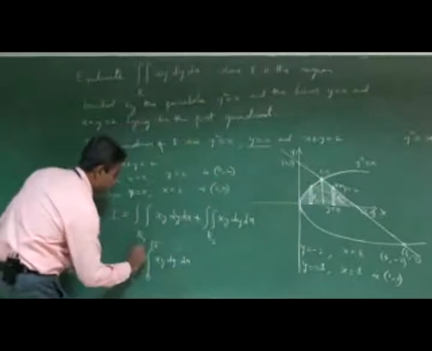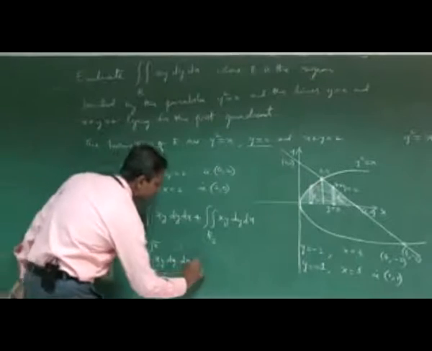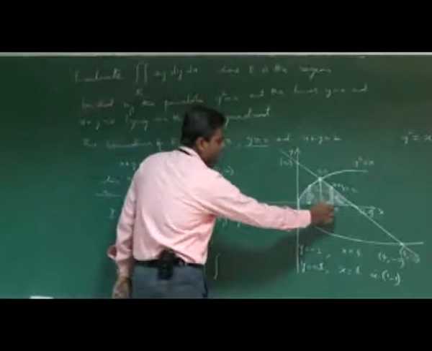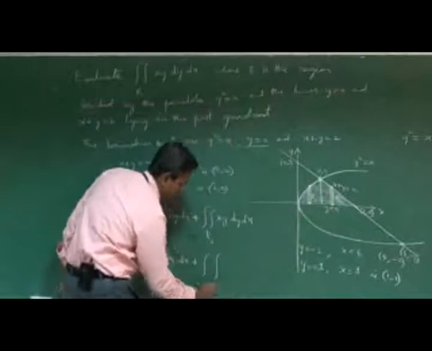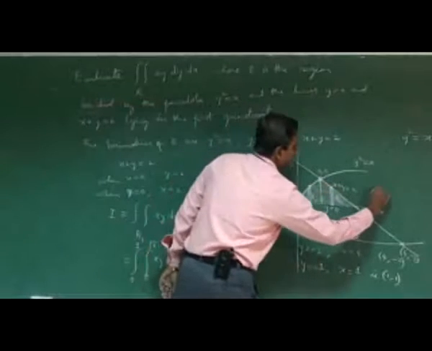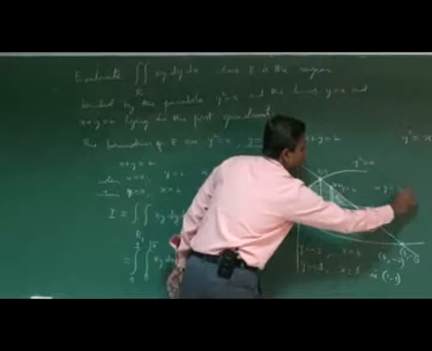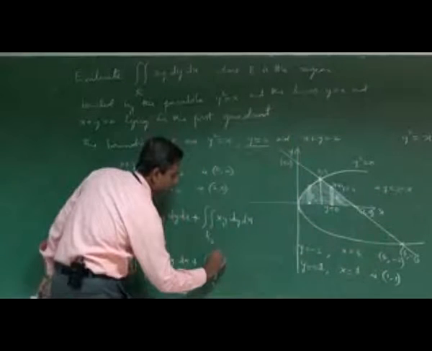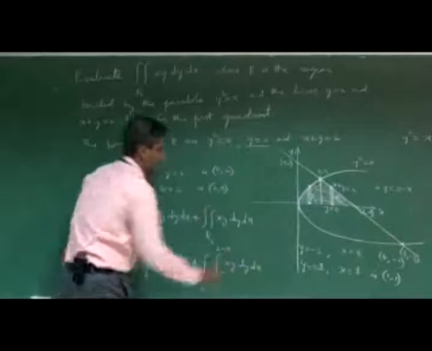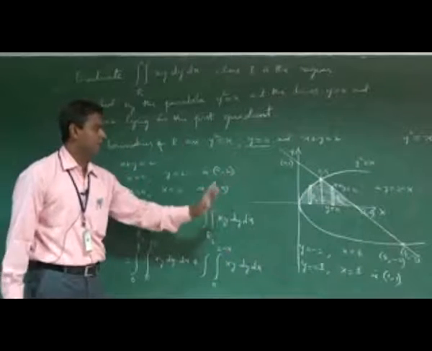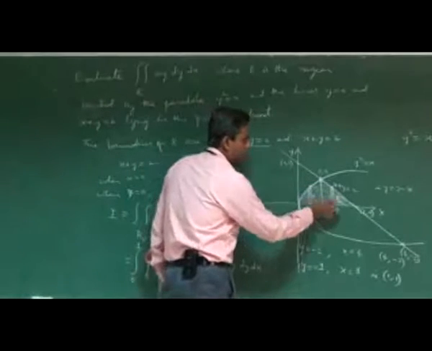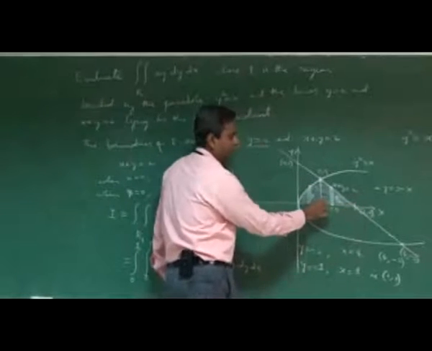So we have got the upper limit of x is 1, plus the double integral of the second region. We take the lower limit for y as 0 and the upper limit of y as, from x plus y equal to 2, y equal to 2 minus x. So the upper limit of y is 2 minus x, with xy dy dx, and then the limits for x in the second integration go from left to right, from the partition line.